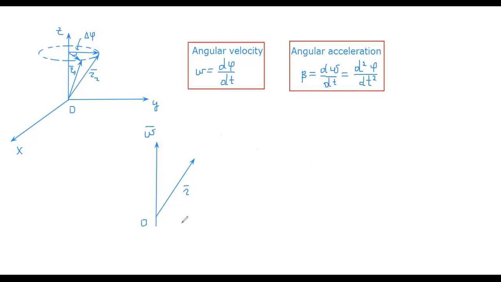This is the origin or reference point O. Here the radius of rotation R. This is angle pi divided by 2.